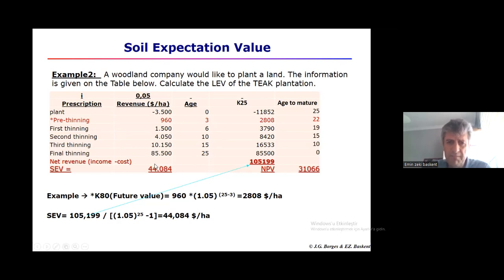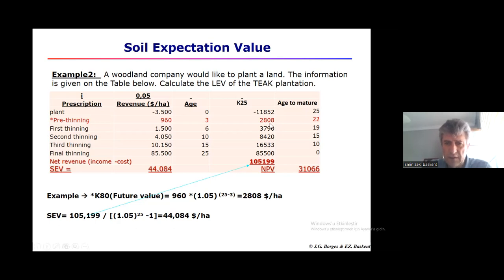These are the associated revenues or costs coming from each silviculture operation. Let's calculate the soil expectation value. As you can remember, first we have to calculate the future value of each of the silviculture operations and then discount it to today using the soil expectation value formula.